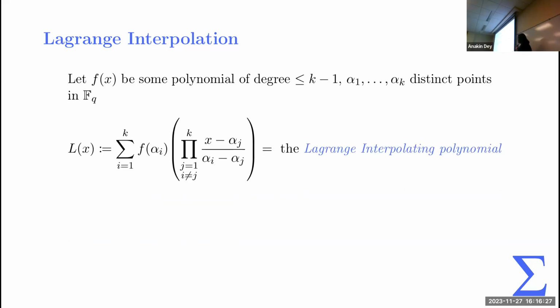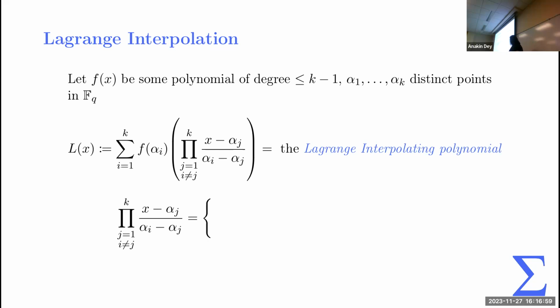Okay, so there's a definition of L that we're going to build up to slowly. Let's just look at this product for a second. I want to consider 2 possibilities: whether or not x is equal to this alpha I. This product goes from j equals 1 to k of x minus alpha j over alpha I minus alpha j, and we're not doing alpha I minus alpha I, so no division by 0.